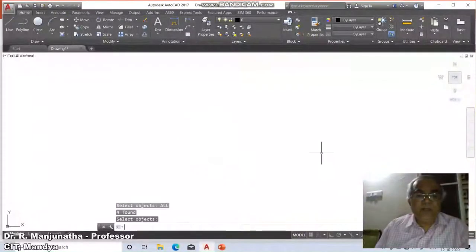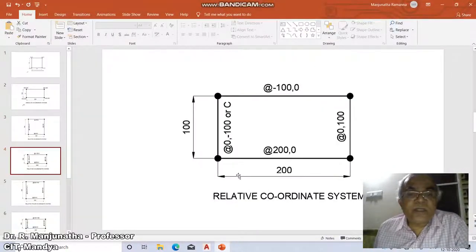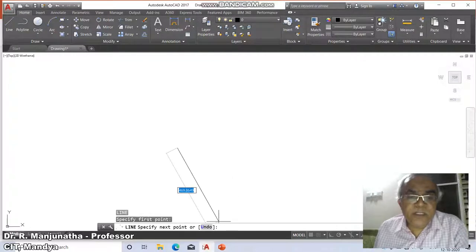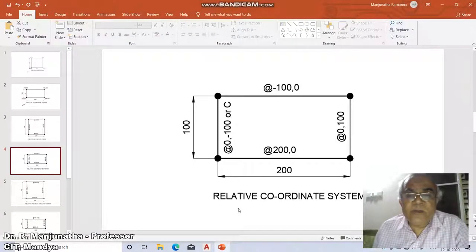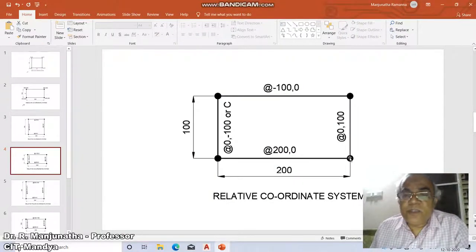So here the first point, now we'll go to this. The first point we are going to select is an arbitrary point on the screen. Command is line. I will consider any arbitrary point. Then from here we have 200 mm along the direction of the x-axis. What is the position of the new point with reference to this? This point will be treated as 0, 0.